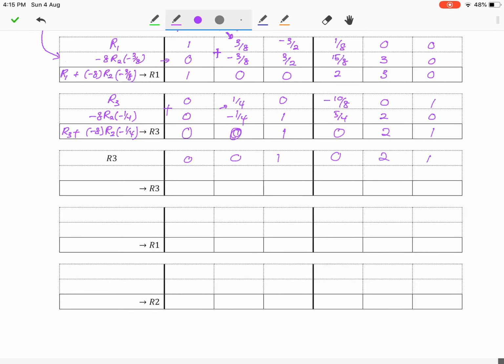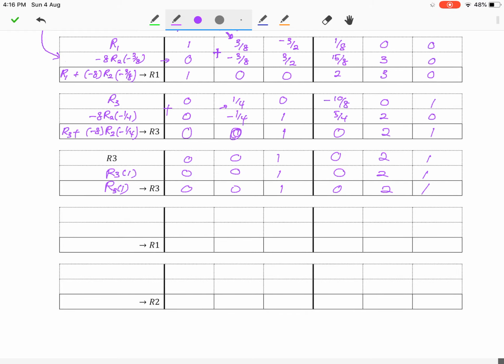I don't want to do anything for that, so just R3 times 1. So the new R3, I just want it to stay as it is: 0, 0, 1, 0, 2, 1.